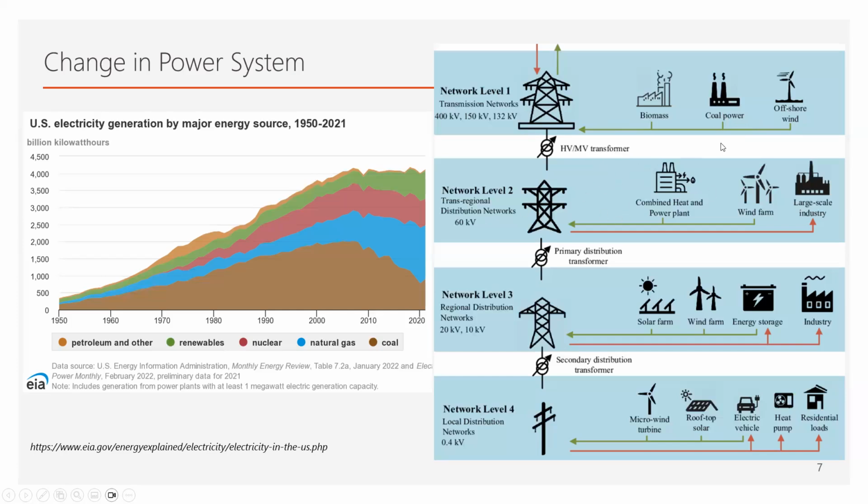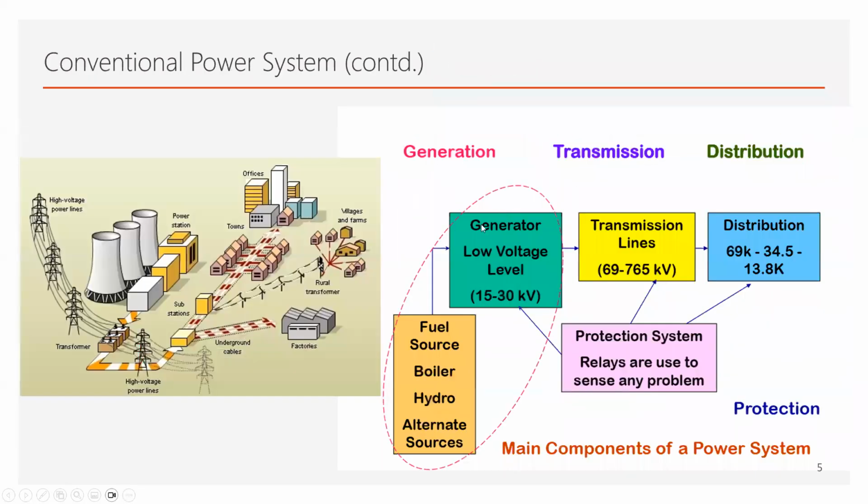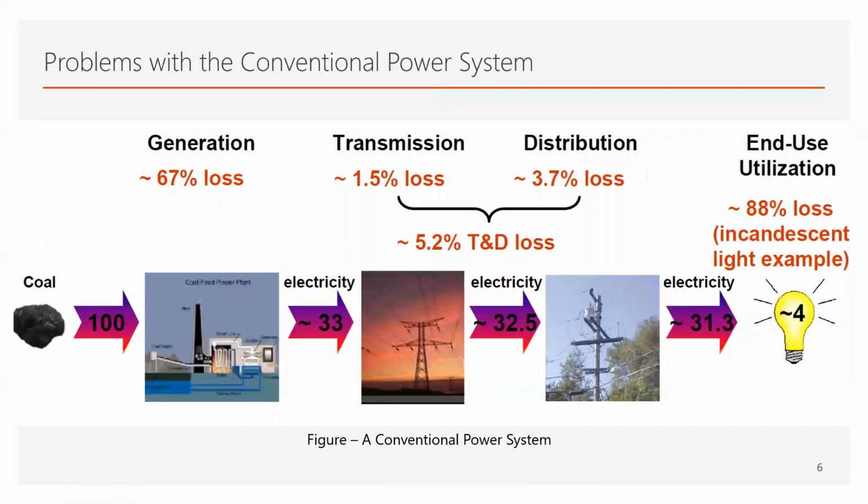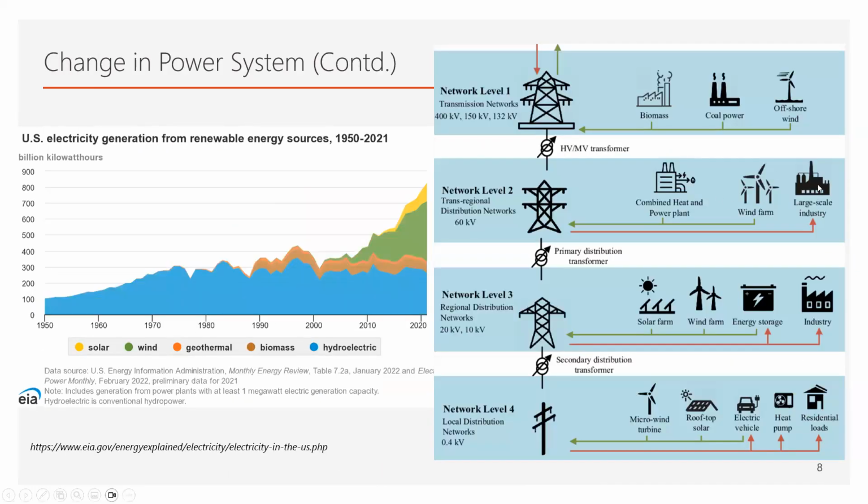But in this case, we are getting power from combined heat and power plants and wind farms, but we are giving power to large scale industries. You remember I told you in some cases the factories take a very large amount of energy. These are the industries I was talking about, and they are situated in network level 2.